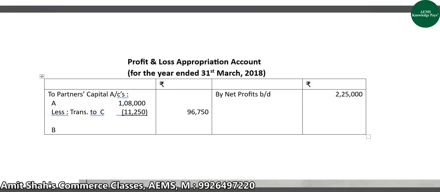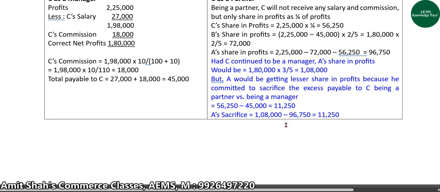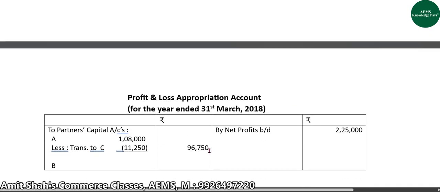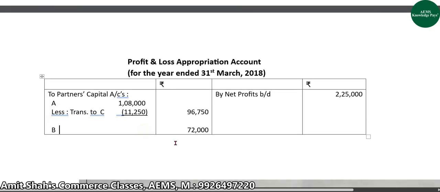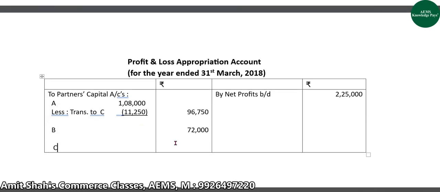B will get 72,000. C as a partner is getting, okay, I should have written it like this.